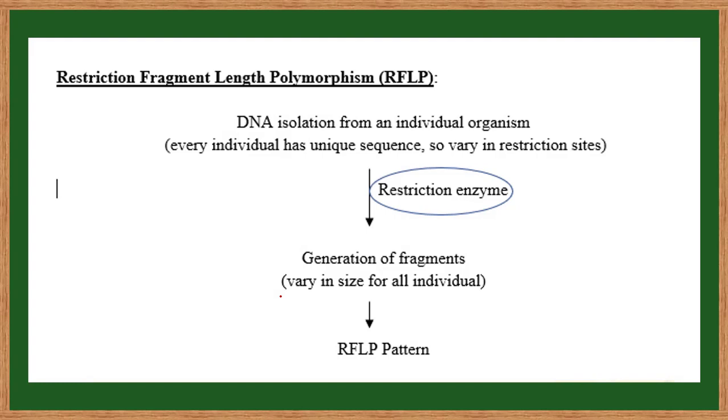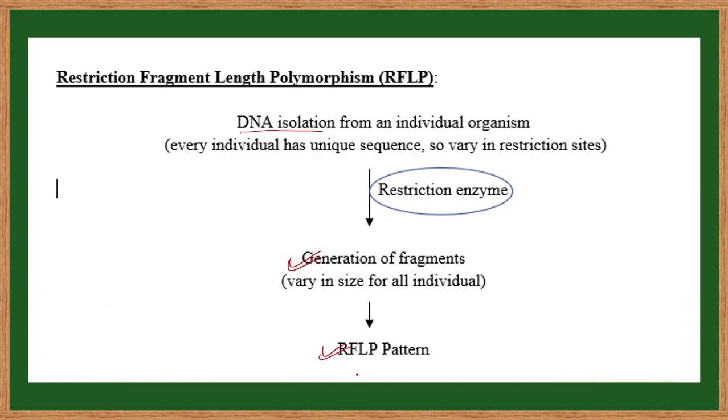Now we will see restriction fragment length polymorphism, RFLP. With the help of RFLP we can find or correlate between two different individuals. First we have to isolate DNA from an individual, then digest this DNA, which forms fragments, and then we see the RFLP pattern.